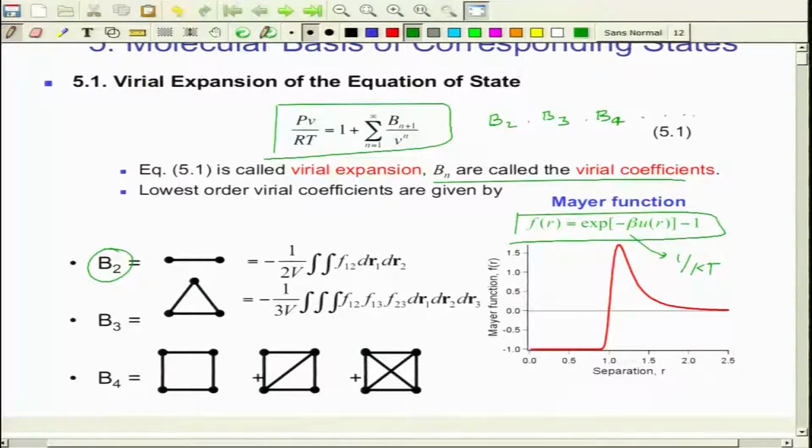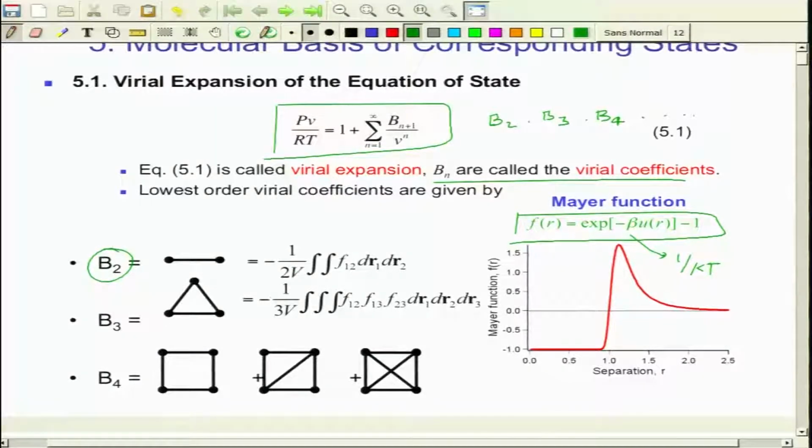B2 is given as a double integral of f over dr1 dr2, where r is a vector. So you are integrating this Mayer function as a function of distance r between these two, from very small values to infinity around the space, and that is why also normalizing by the volume V.